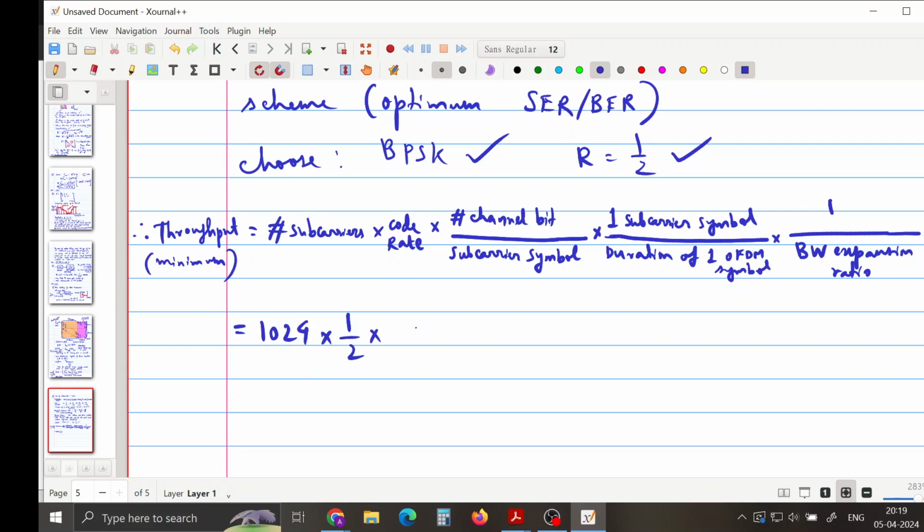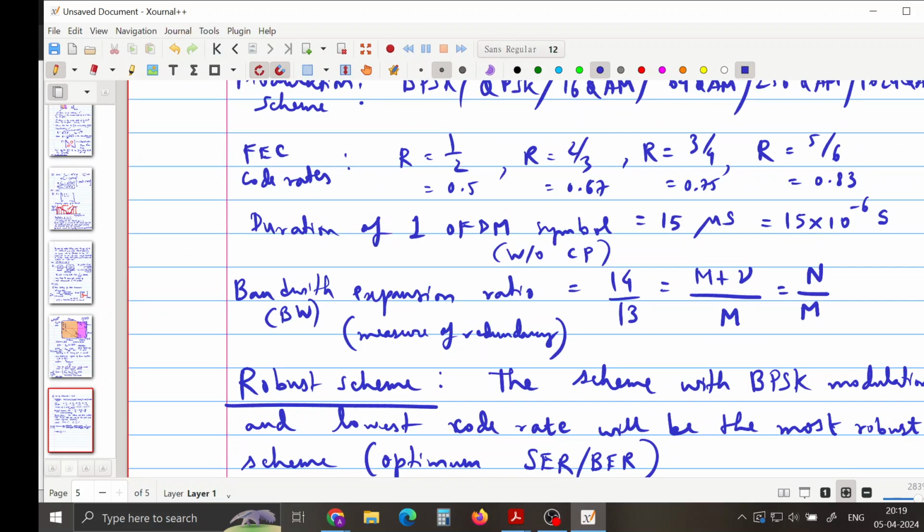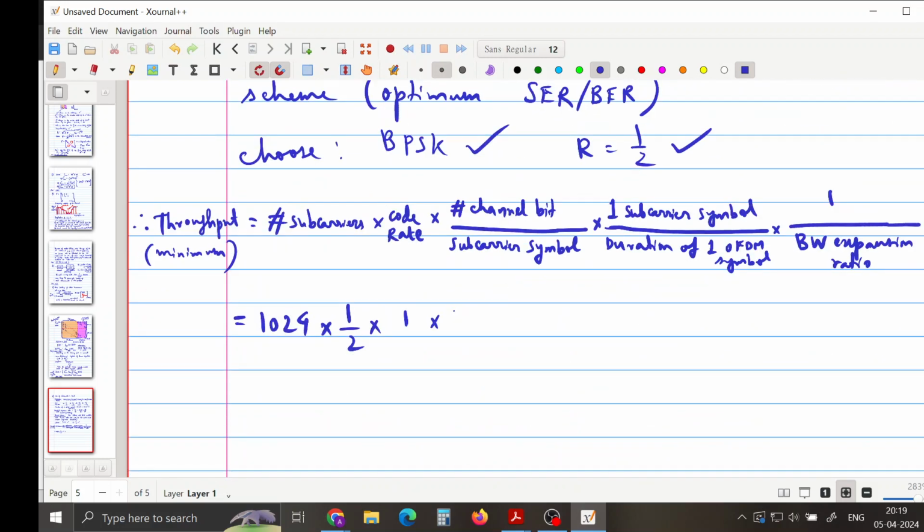So this is basically 1 times one subcarrier symbol per duration of OFDM symbol. And what's the duration of OFDM symbol? It is 15 microseconds, right? So 1 by 15 microseconds means 15 into 10 to the power minus 6 seconds, times the reciprocal of bandwidth expansion factor, it is 13 by 14.